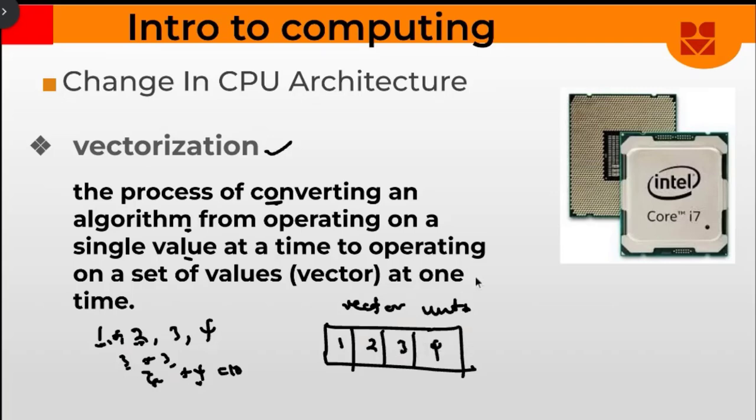So you can have, let's say, 256 bits wide of this vector, and then this would take 4 of a 64 bits double precision, doubles or integers. So let's say these are 4, and the total size of this is 256 bits, right?